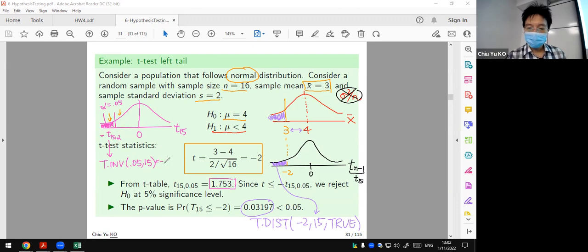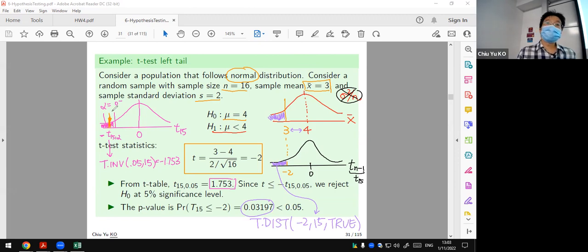So it's negative 1.75, and that means that negative 2 is actually here, in this region. That means the area to the left of negative 2 will be smaller than 5%. So this area is small enough, and then you also reject.